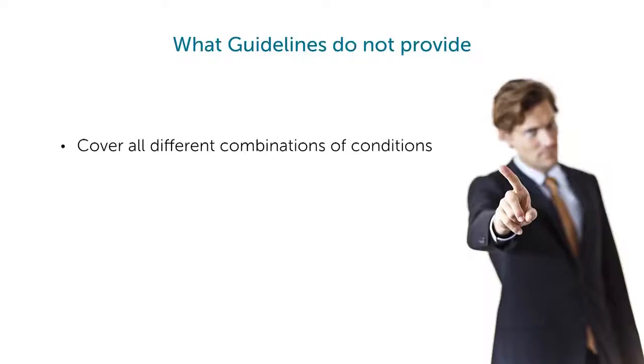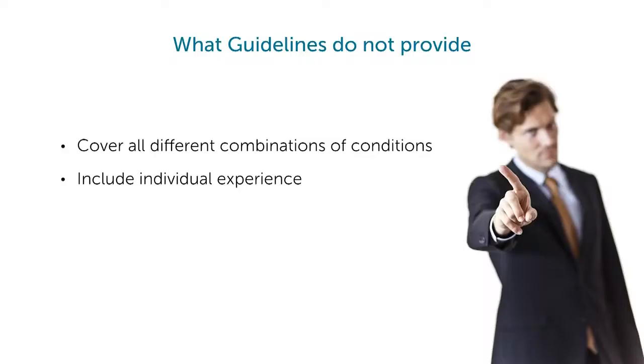What guidelines do not provide is they do not cover all the different combinations of conditions that you will encounter, especially also in mitral regurgitation. There might be many different variants of mitral regurgitation which specifically have never really been looked at in detail in large studies.